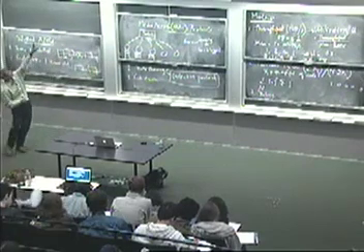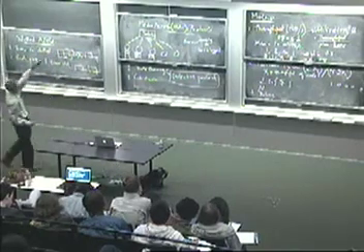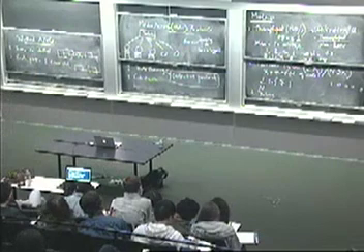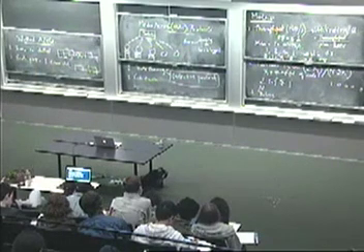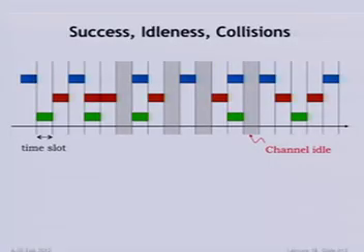Okay? And as shown on this picture, this is how slotted Aloha works. You have time going on that axis, time's divided into slots, and I have these 3 different nodes, blue, red, and green. When no node sends packets in a time slot, that time slot is said to be idle, and the channel is said to be idle in that time slot.